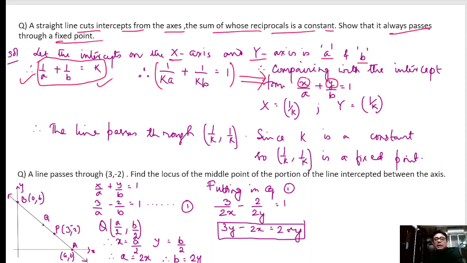That means the intercept line is passing through 1 by k comma 1 by k, and since k is a constant, we can tell that the line is passing through a fixed point, because 1 by k and 1 by k are constants.